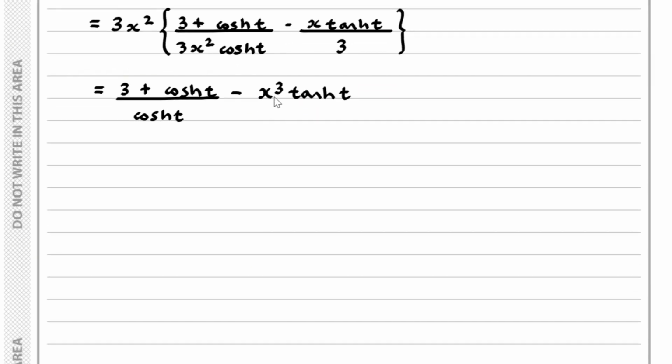And we know that x cubed is equal to u. So we've got 3 plus cosh t divided by cosh t minus u tanh t.